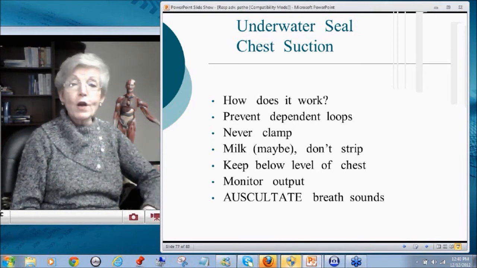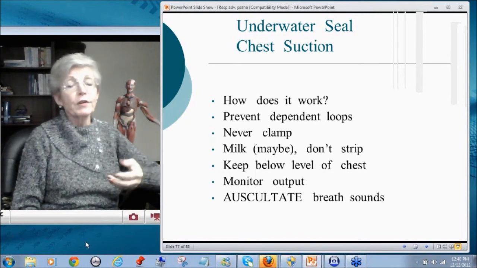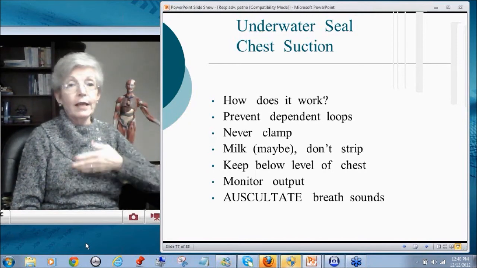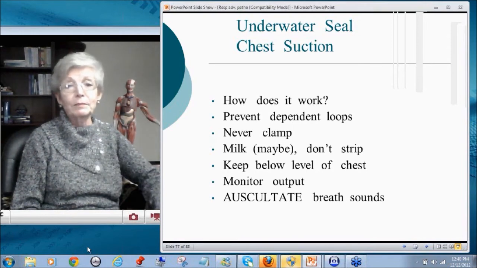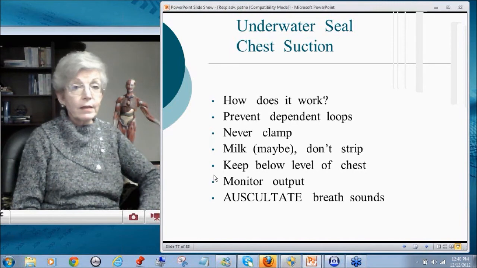So we don't strip chest tubes because of the enormous negative pressure and barotrauma that can be created within the thorax. True story.